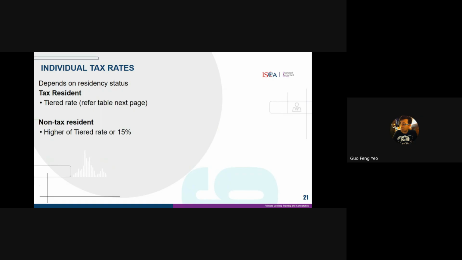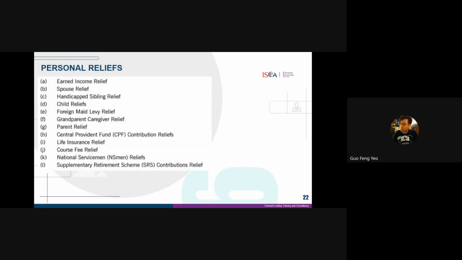So, why do I say so? This is because if you are a Singapore tax resident, for example, the first 20,000 of your income is considered tax exempt. The same exemption is not applied to a non-resident. Therefore, a flat rate of 15% will be applicable.